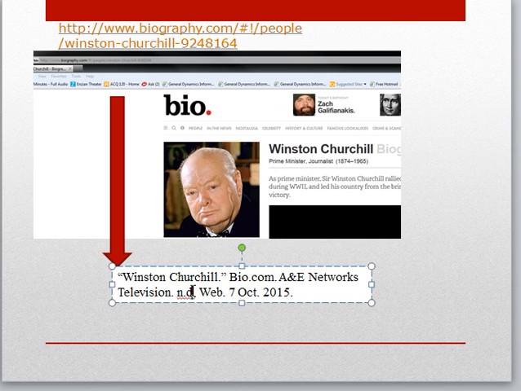There's no date on the site. I got it on the web, and this is the date of access. So I could say, according to Winston Churchill, or on the bio.com site, Winston Churchill exhibited courage as, and then I could finish that.